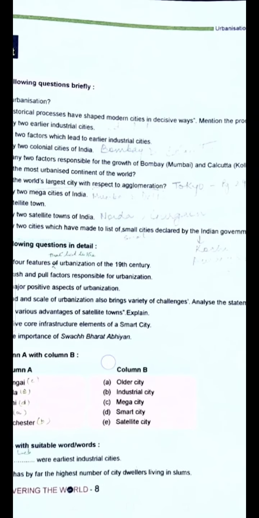Our next question is the spread and the scale of urbanization also brings a variety of challenges.